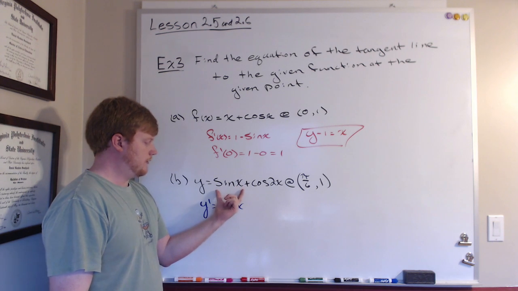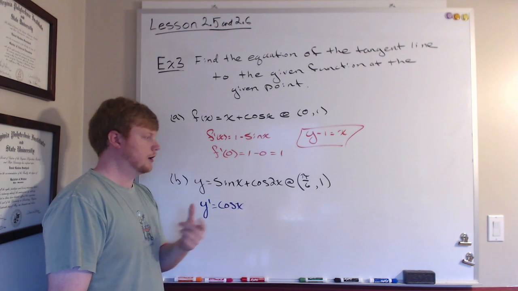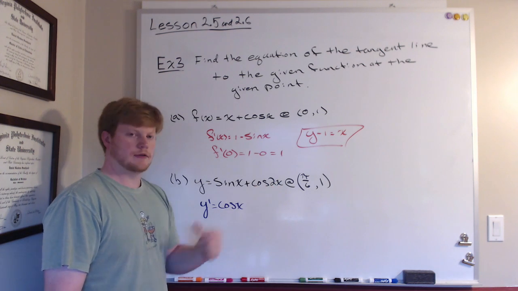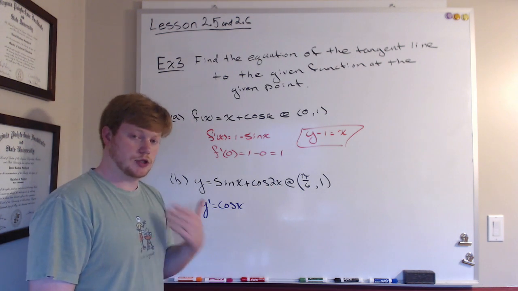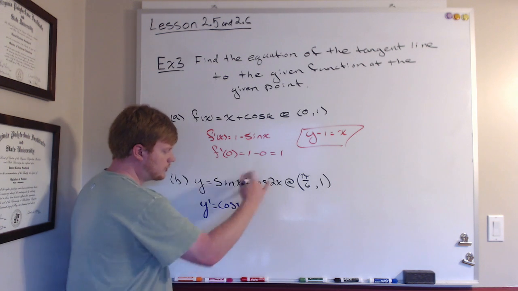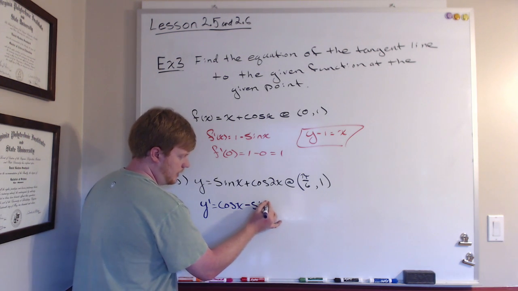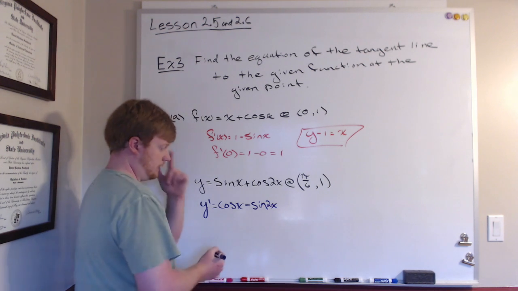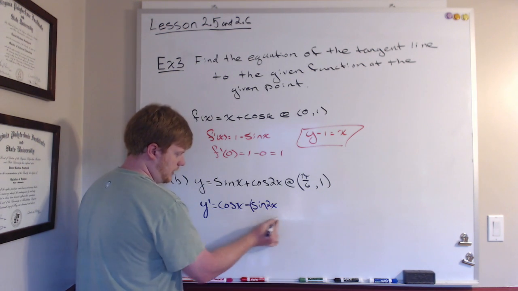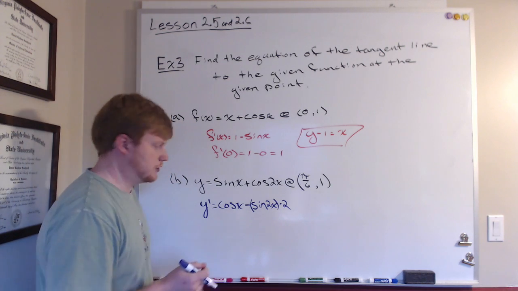This would be the derivative of the outside is cosine x and the derivative of the inside is just 1. But in this case, the derivative of the inside is more than just 1, it's 2. So I do have to use chain rule here. So the derivative of the outside gives me a negative sine 2x. Okay. And then I'm multiplying that by the derivative of the inside, which is 2.